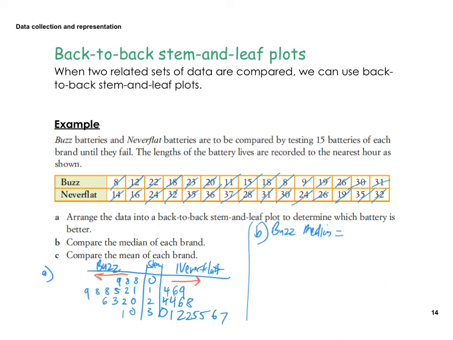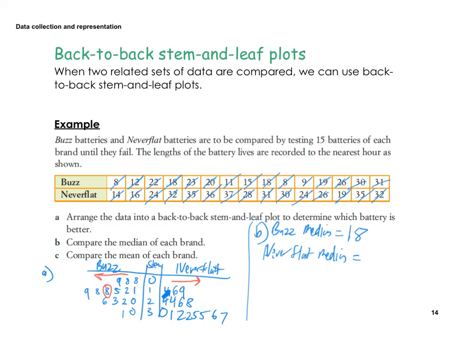So 8 here means 1, so 1, 8. So 18. Okay. I might just mark it down here as well, little circle. And then we also want our Never Flat median. Again, same deal, count out the 8th term.